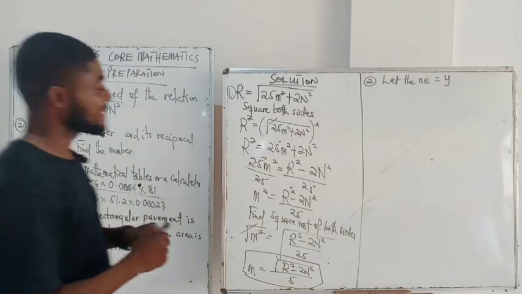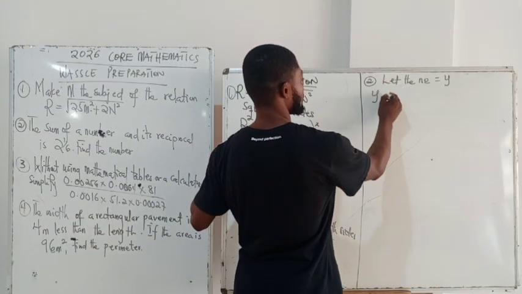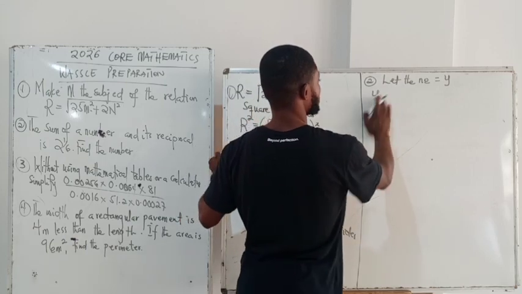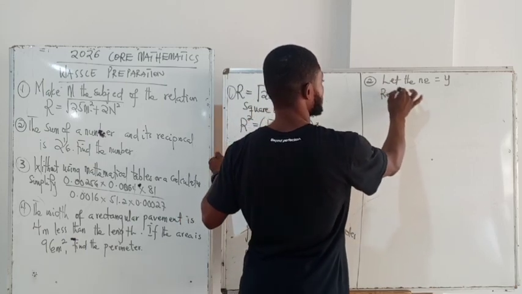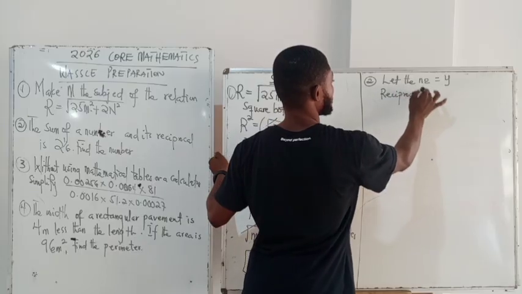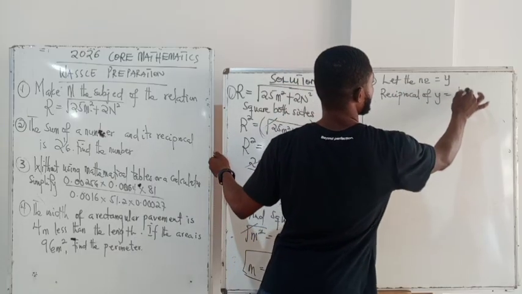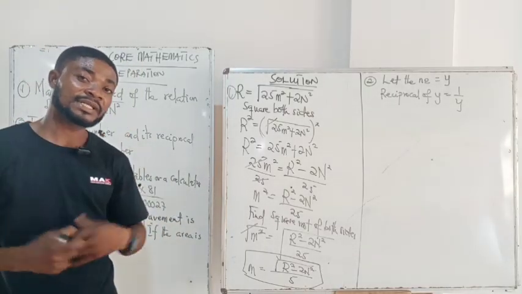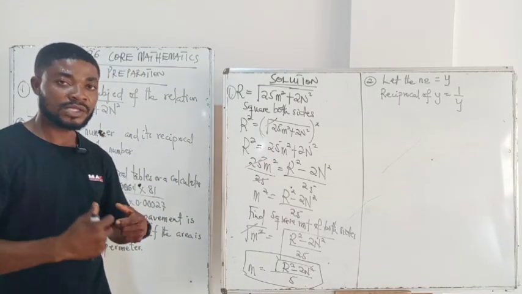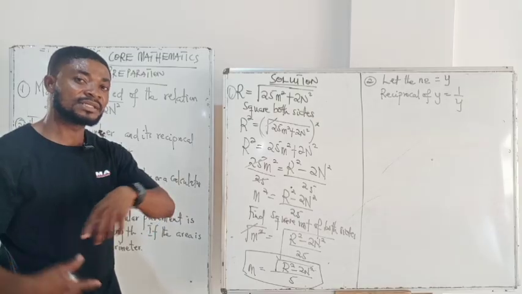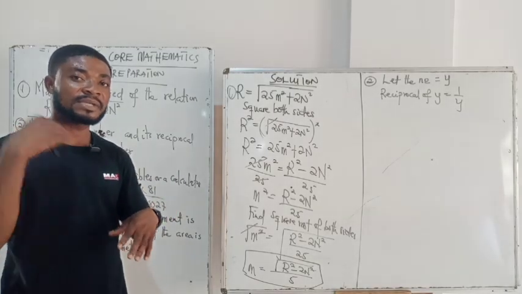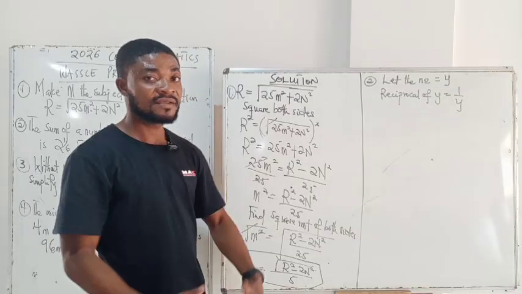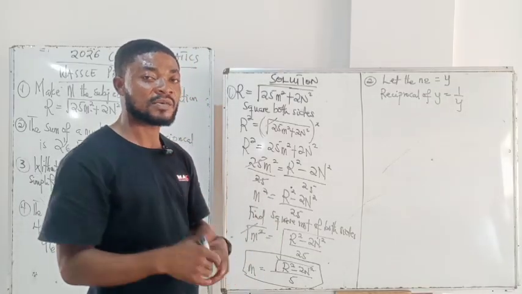So reciprocal of y is equal to 1 over y, because any whole number we see is over 1. And so when we reciprocate, the numerator becomes the denominator, and the denominator becomes the numerator. So in this case, since y is y over 1, then if I reciprocate, I get 1 over y.